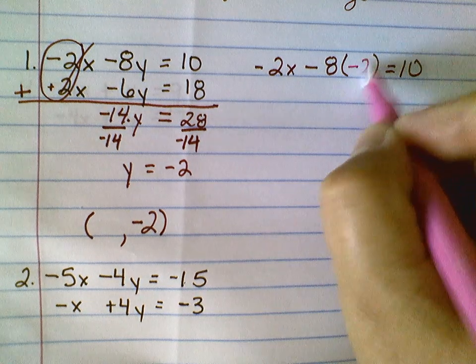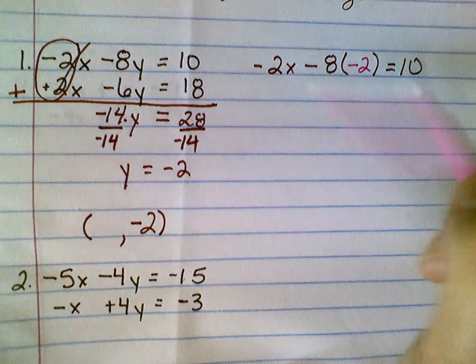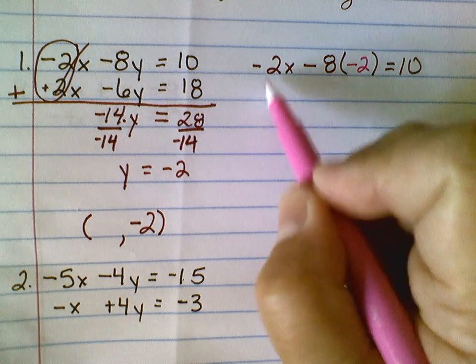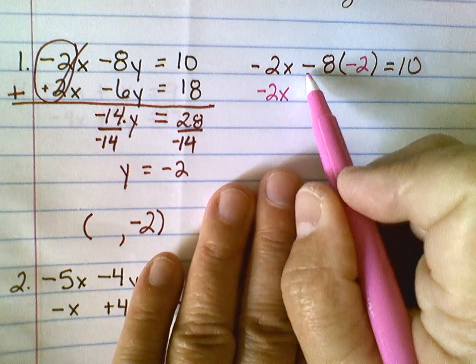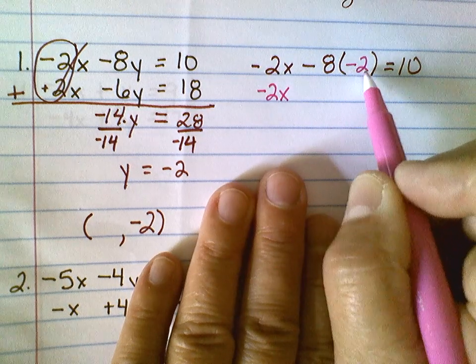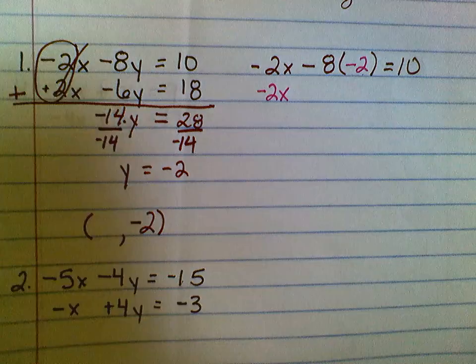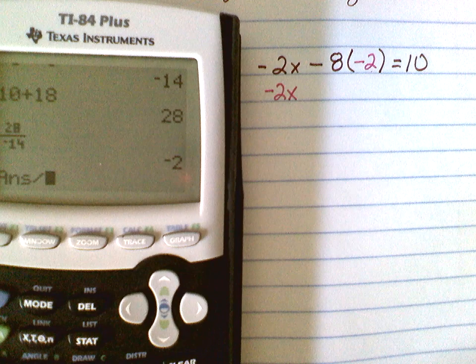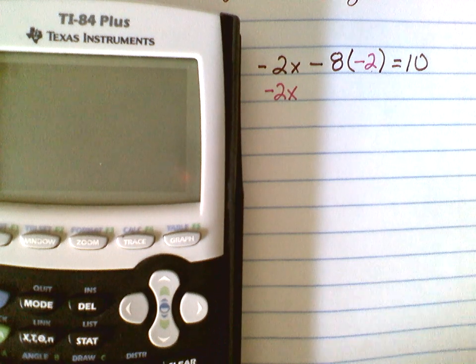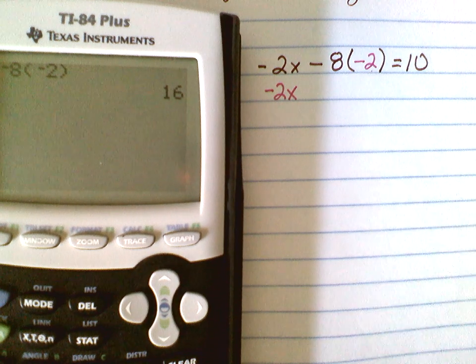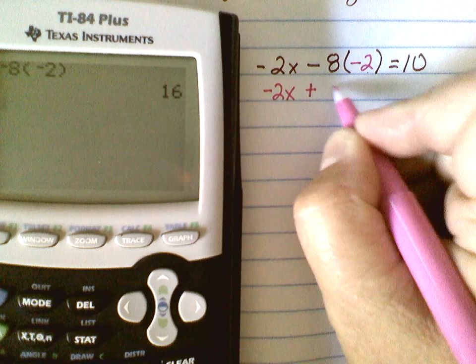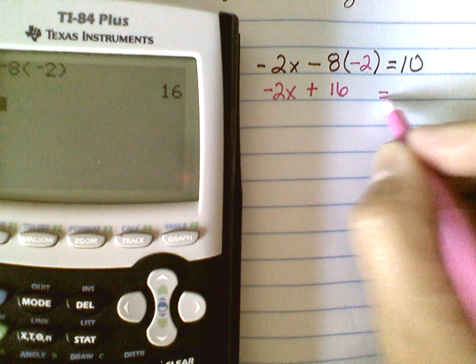So I'm substituting the negative 2. So now I will evaluate this. I have the negative 2x. There's nothing to do there. Here I have negative 8 times negative 2, which is a positive 16.